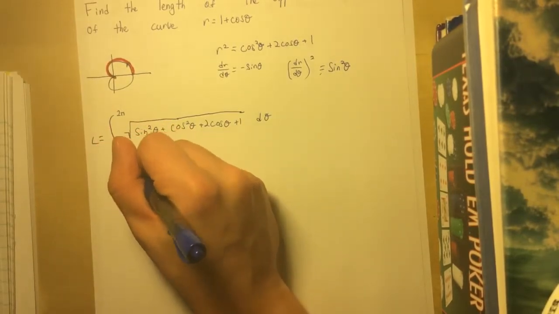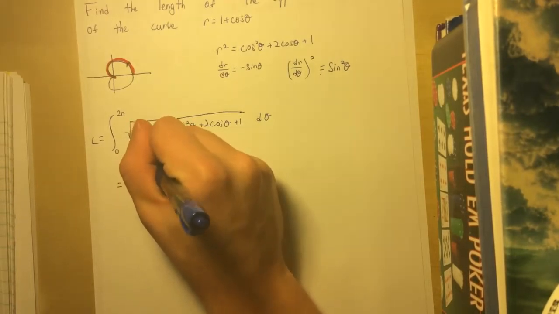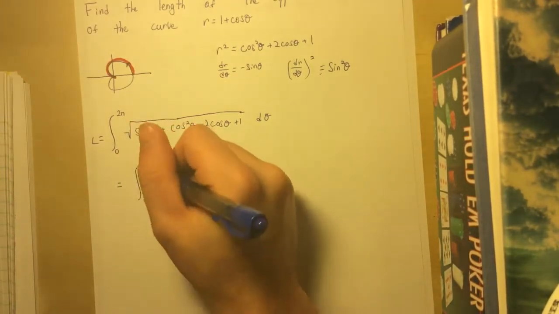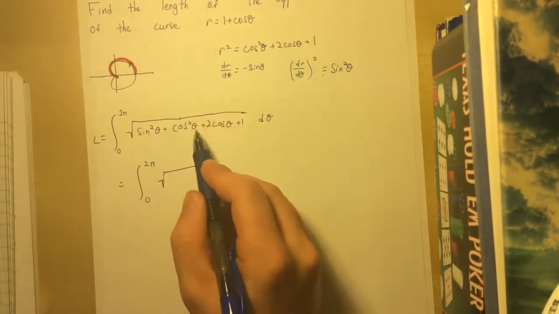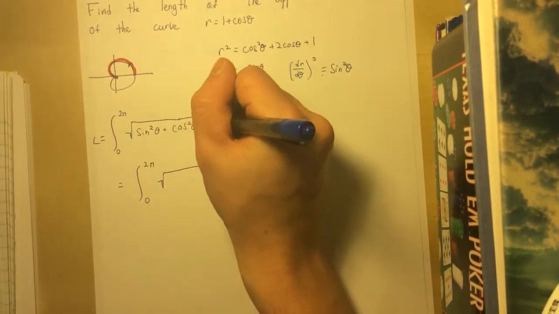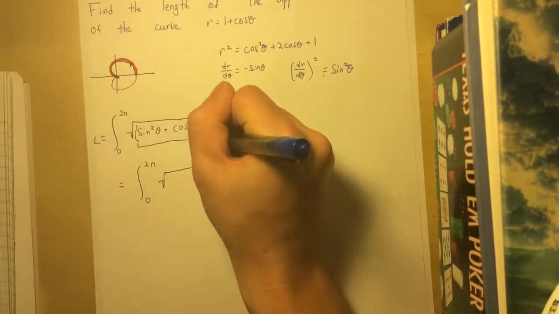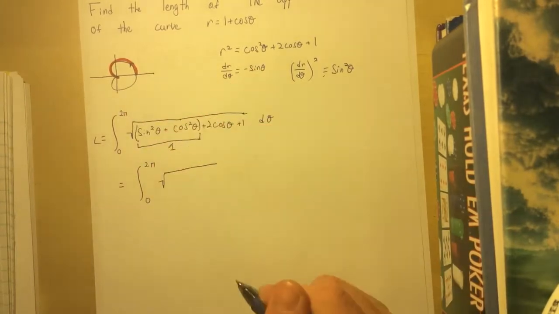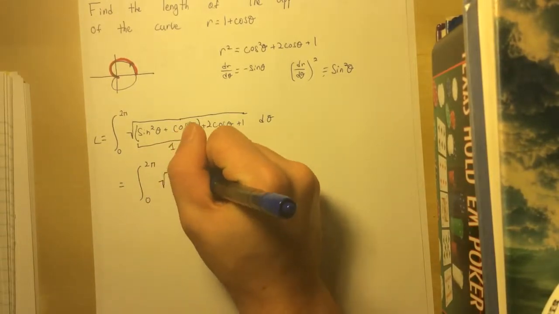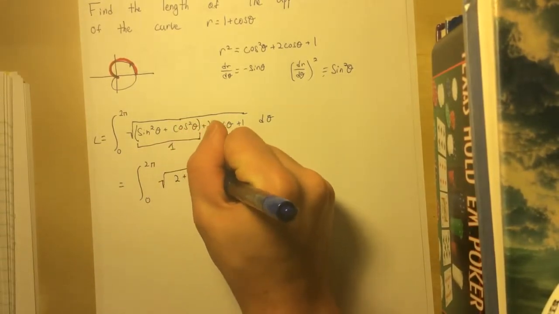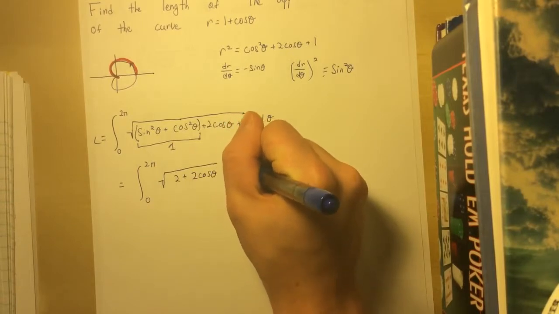So that's equal to the integral from 0 to 2 pi of the square root of, well, this sine squared theta and this cosine squared theta turns into 1. So you have 2 cosine theta plus 1 plus 1. So we have 2 plus 2 cosine theta d theta.